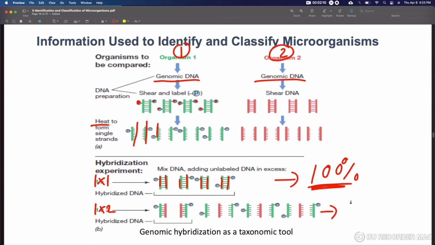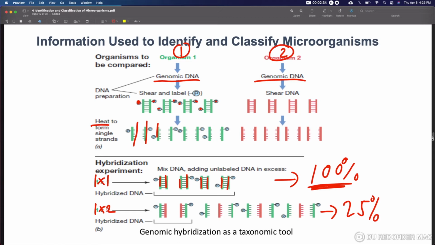Now, if it turns out, for example, that there is only 25% level of radioactivity or hybridization, now we can see the amount of hybridization between these 2 different organisms.